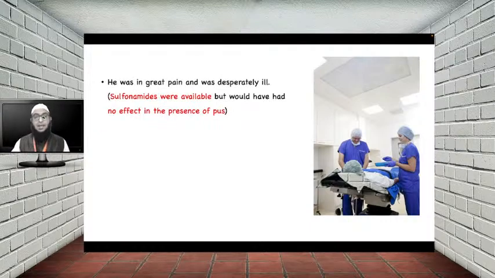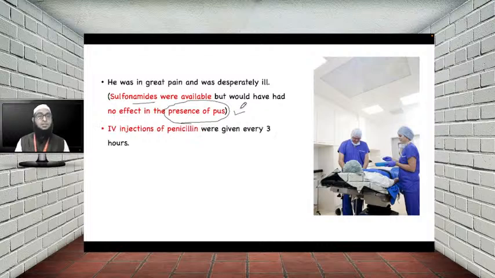At that time, sulfonamide was the only drug available, but it would have had no effect in the presence of pus, because he was suffering from a very severe infection with a lot of pus, and you know that sulfonamide does not show an antibacterial effect in the presence of pus. So although he was in great pain, there was no effective treatment.